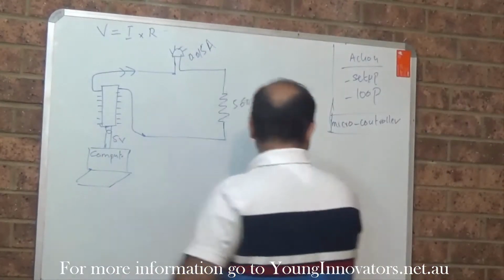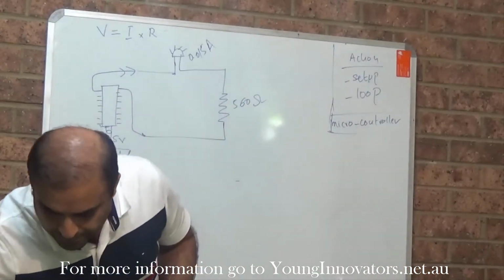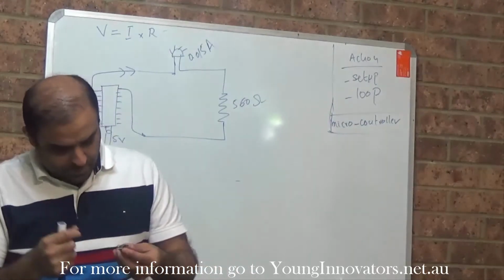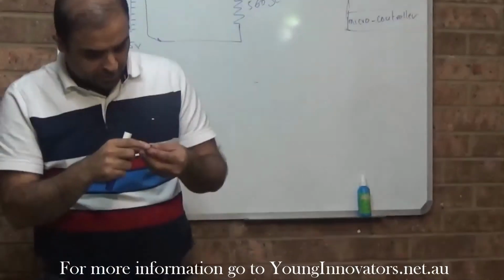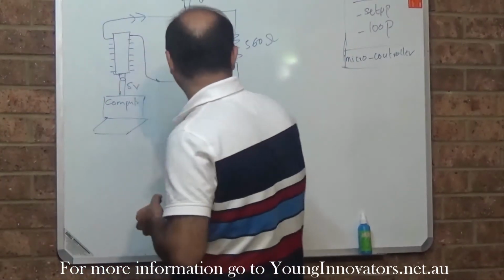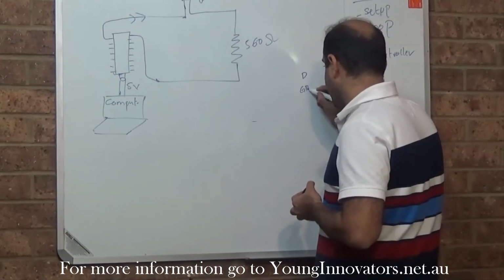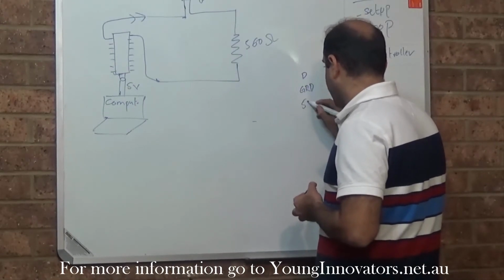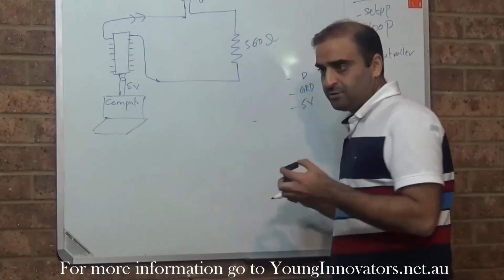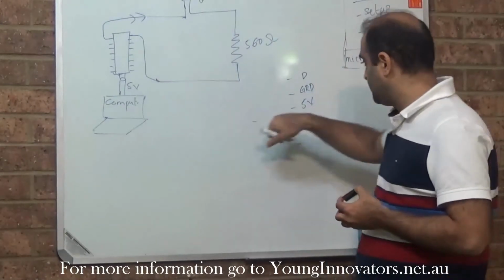There are a few more things that are important. On this microcontroller, there are a few things starting with D, and there's a GRD, and there's 5 volt. These are the three things we'll be using. 5 volt is the battery, the supply of current.